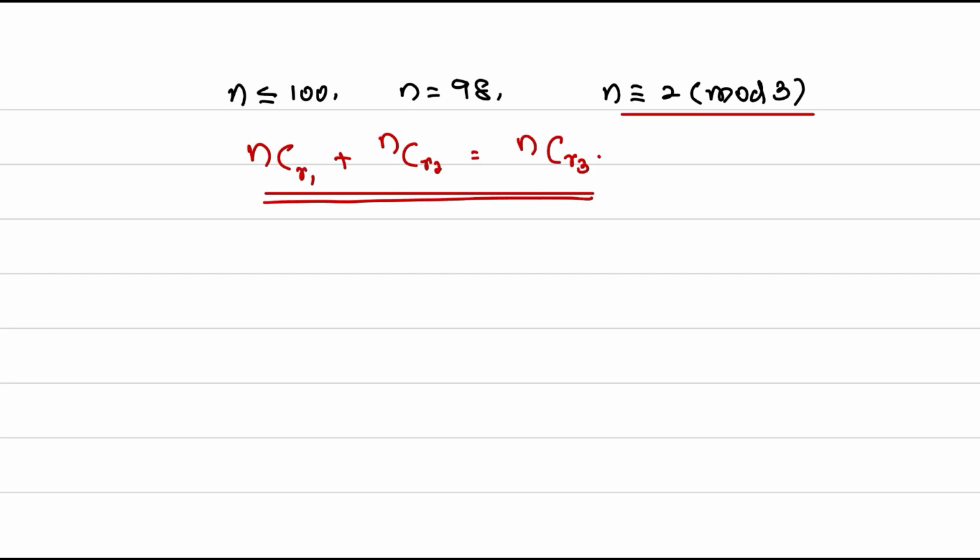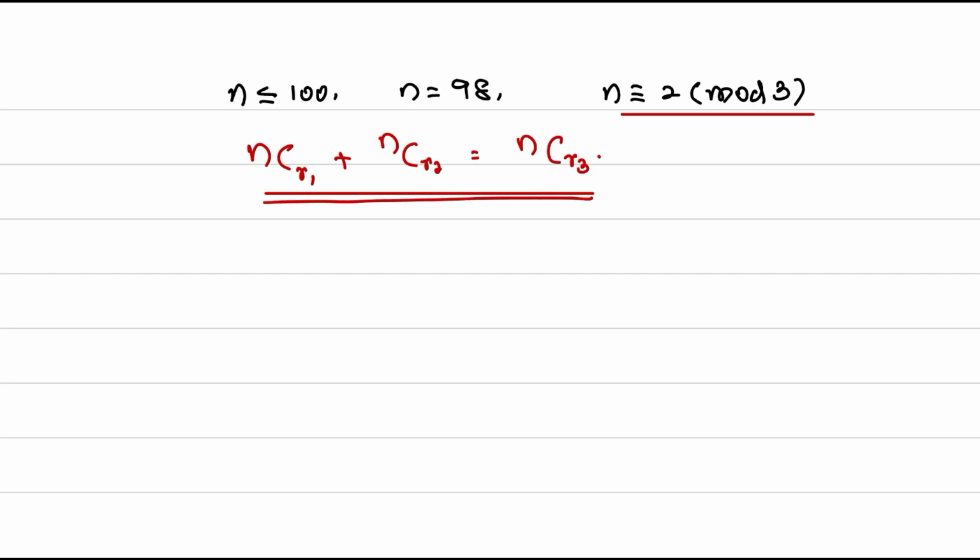With this, I want to stop this class. You might have understood. The homework is very clear. I have done for n is equal to 2, n is equal to 5 and n is equal to 8 partially. You complete for n is equal to up to 100. Whatever the possible combinations are there, write all the combinations, check up for R1, R2, R3 values, then cross check whether NCR1 plus NCR2 is equal to NCR3.